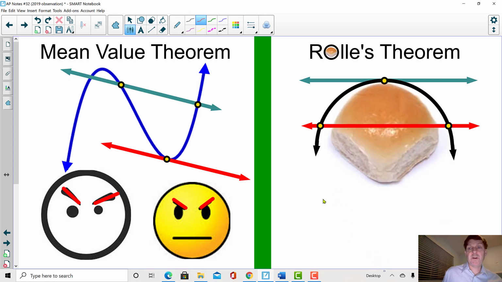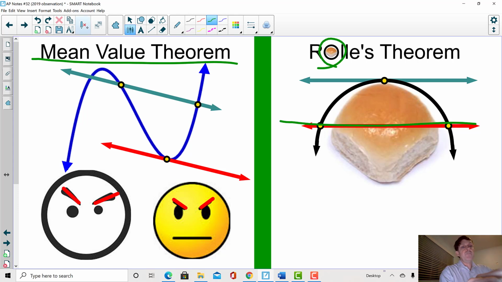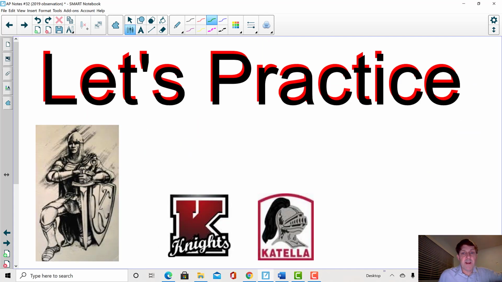So when you have Rolle's theorem, it's kind of like you have a roll underneath your tablecloth. Again, Rolle's theorem is when the slope of your secant line is 0. And that's why I sometimes put a 0 here for the O. But remember, they are the same theorem. They're both the mean value theorem. Rolle's theorem is just a special case of it when the slope of your secant line is 0. All right, let's do some practice examples.